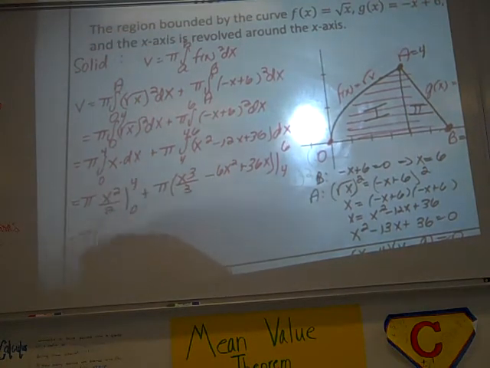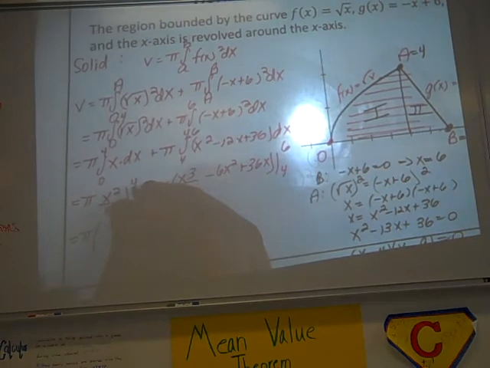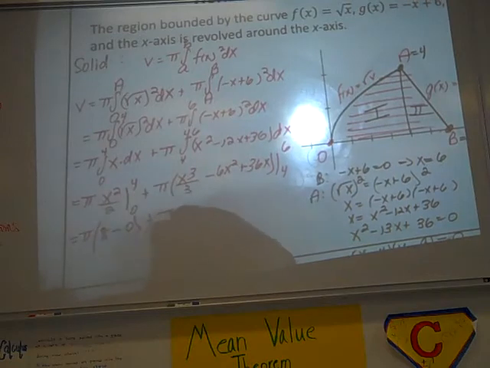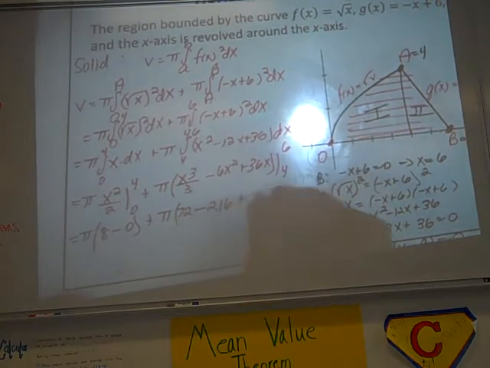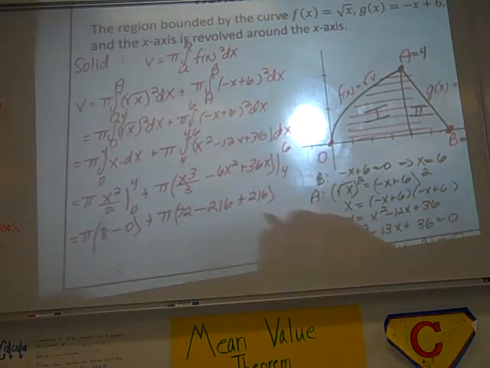Okay, we have pi, long problems. 4 squared is 16, 16 over 2 is 8, minus 0, plus pi, plug in the 6, 6 cubed is 216 divided by 3, 72, minus, plug in 6, 6 squared is 36 times that, 216, plus 36 times 6, 216.